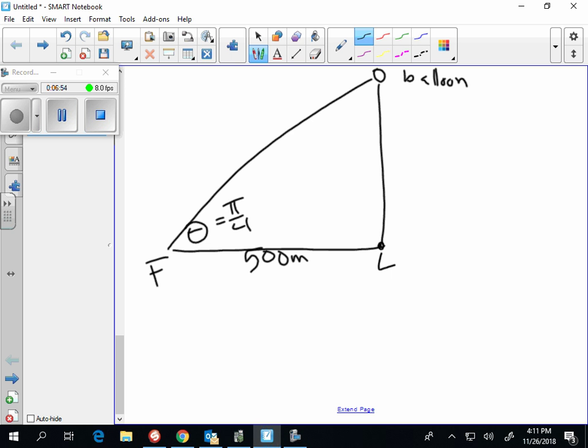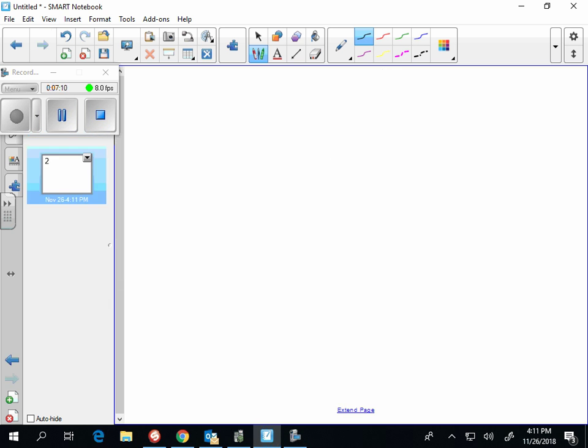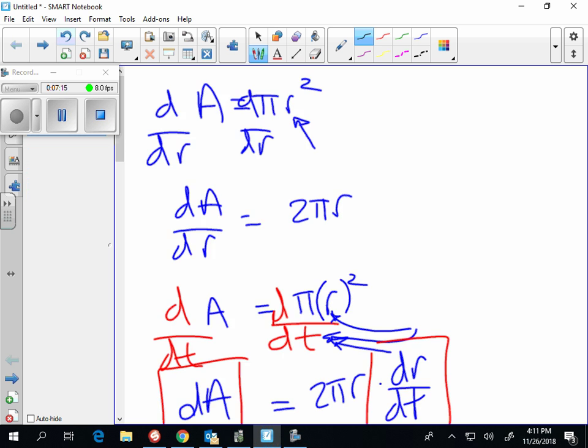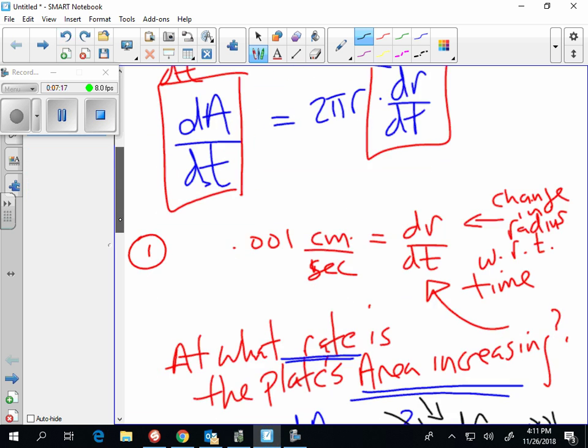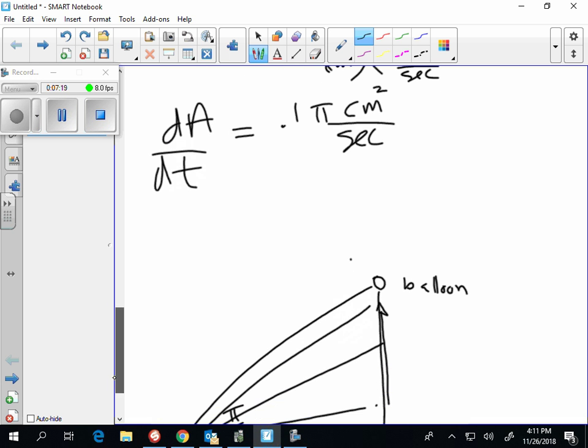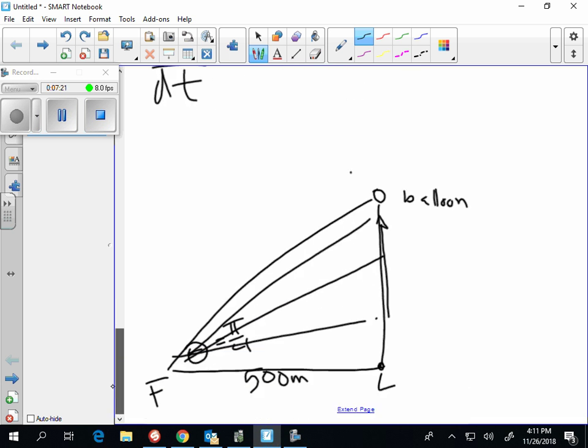but look, that's not a constant. This is changing. As the balloon goes higher and higher, that angle, which was down here, and then here, and then here, gets bigger and bigger. So I'm not going to be plugging pi over 4 in here until after I take the derivative.